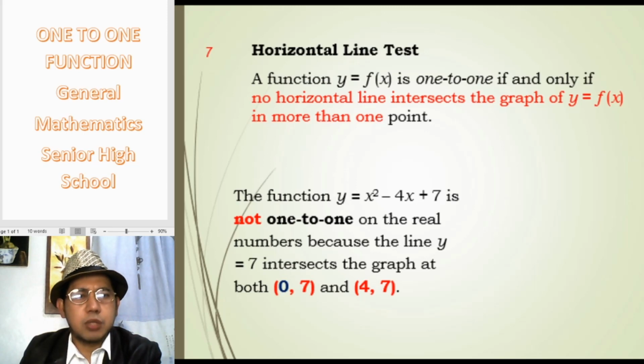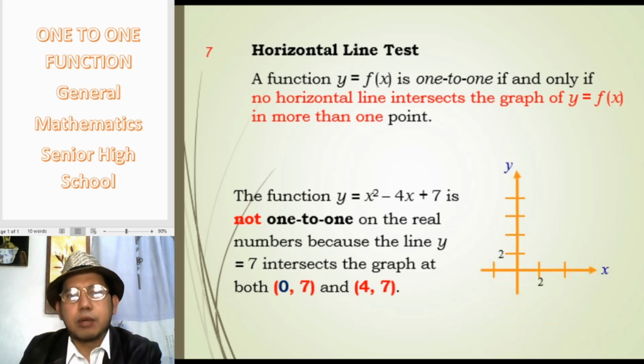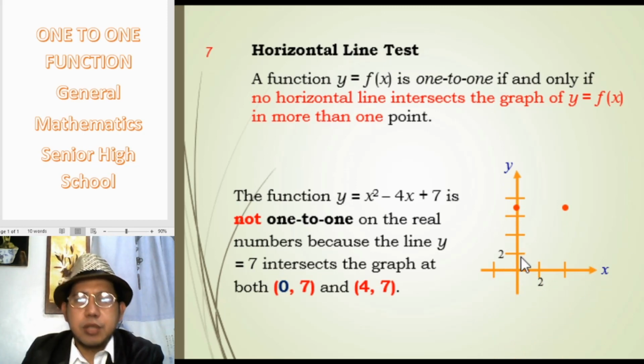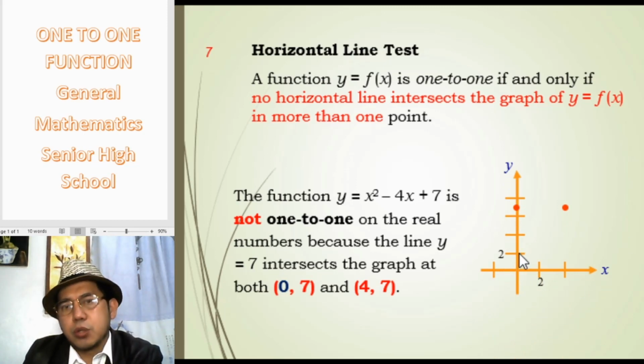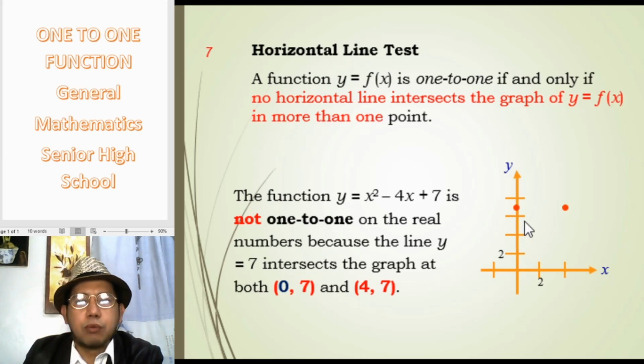Let's try to have this one in an actual illustration in the graph. So we have in here the graph, and the location of 0 and 7. So you will notice in here in the (0, 7) we have to consider this one. So this is positive 2, this is positive 4, positive 6, between this line and this one, that is 7.